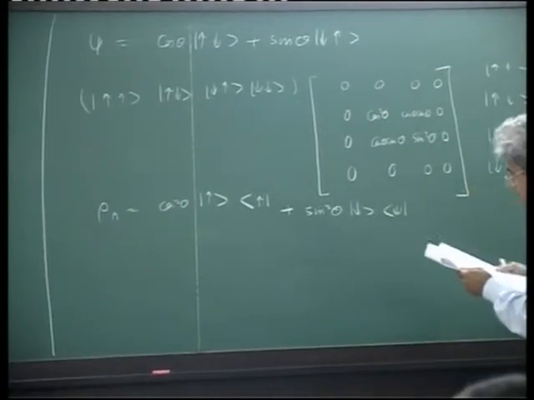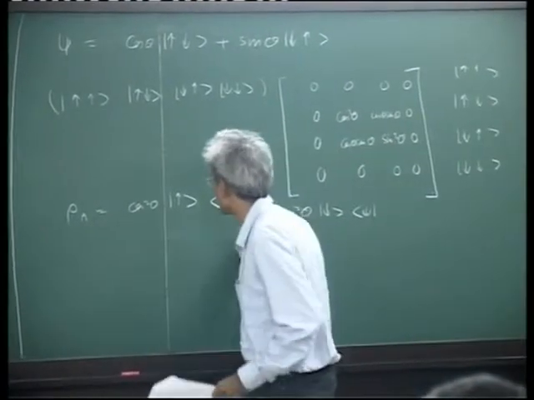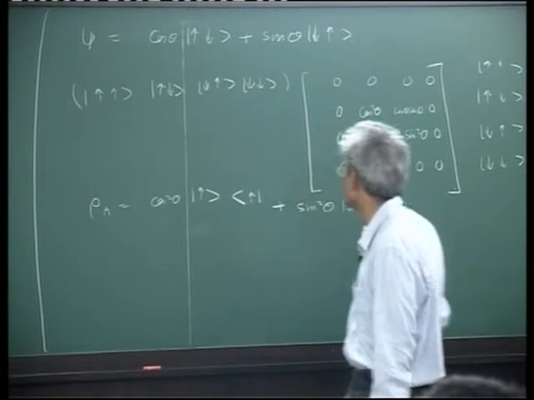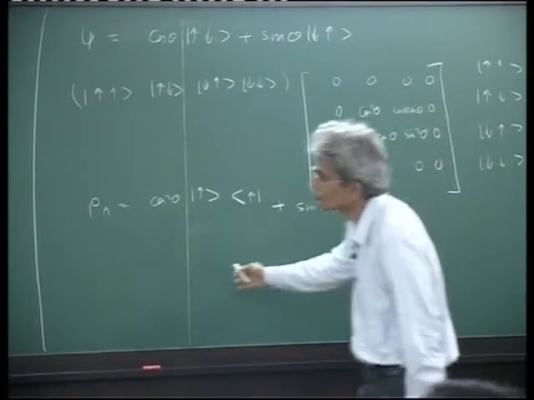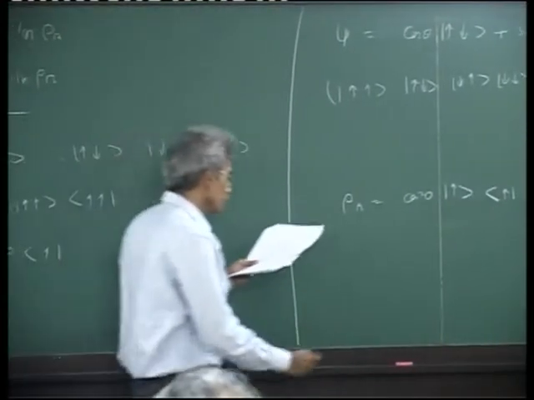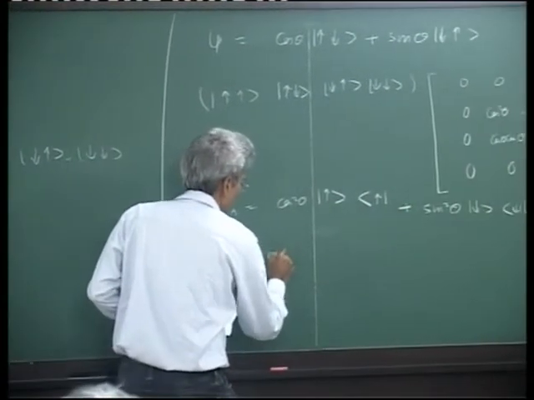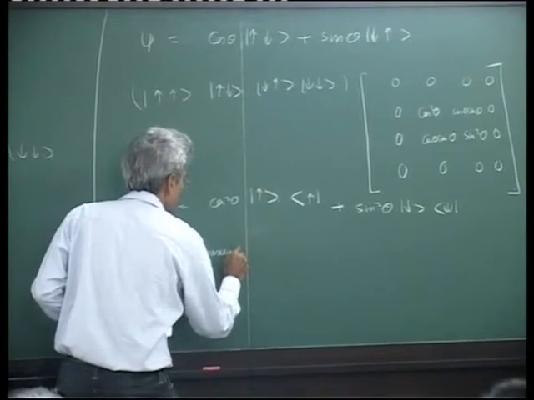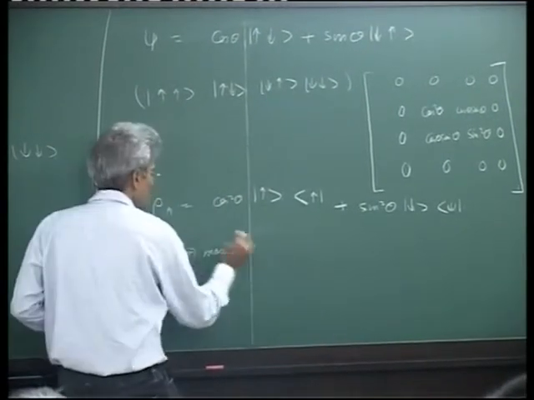And you can see that if you compute rho, now it is a simple matrix, and you can compute trace rho A log rho A, and if you compute it, it's maximized. So what is maximized?